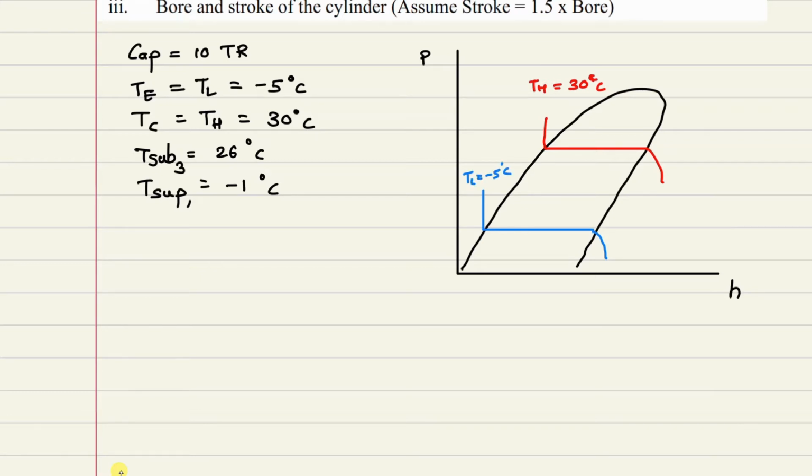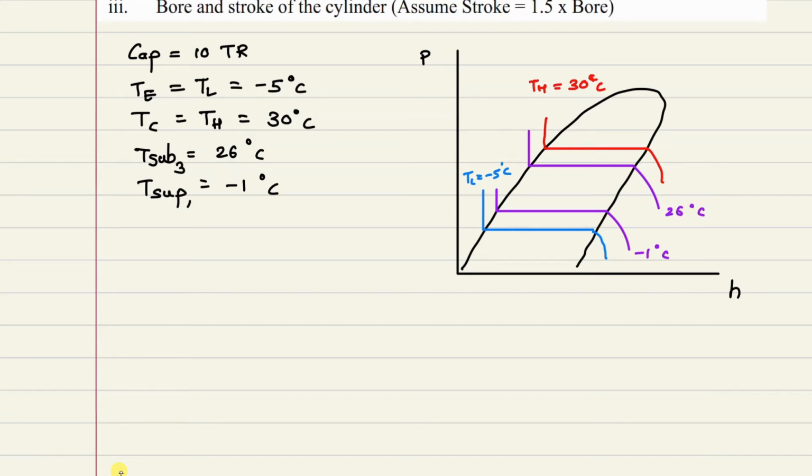Next we will show superheating. Superheating for point 1 is minus 1, so somewhere over here we'll have minus 1 degree Celsius, and the subcooling temperature is 26, so we will show that also. So this is 26 degrees Celsius.